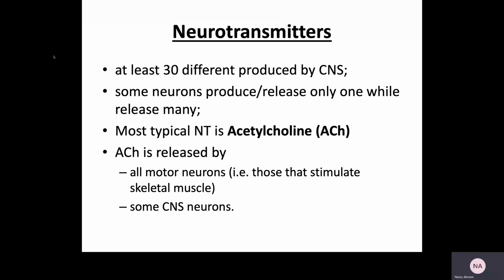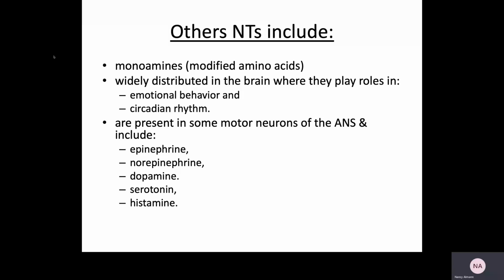It is going to be released by all of our friends, the motor neurons, and it will also be produced and released by some neurons within the CNS. Other neurotransmitters are going to include this category, which are known as monoamines. That's a nice to know. They will be widely distributed throughout the brain, and they will help control your emotional behavior as well as your circadian rhythms. And there's a list of the ones that you need to know.